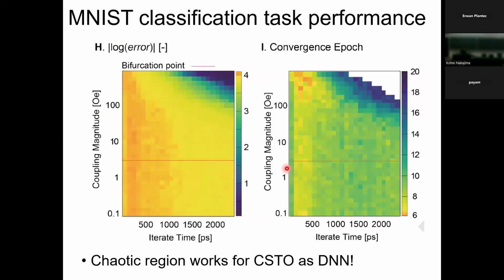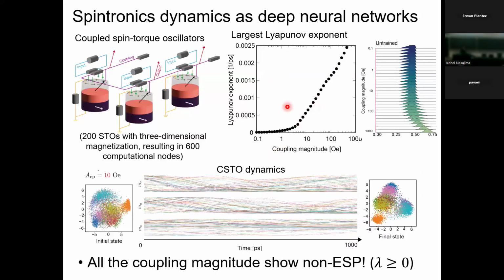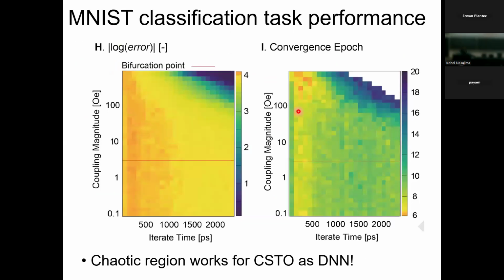And we found that it also works. In this case, as I explained, this spin-torque oscillator starts from the limit cycle. So it doesn't have those fixed points. And when you increase the coupling magnitude, it becomes chaotic. And basically, all the region works as a deep neural network.